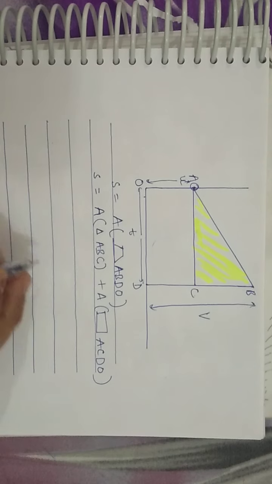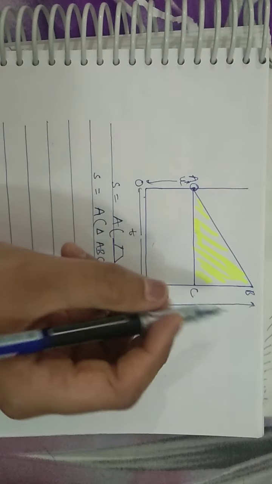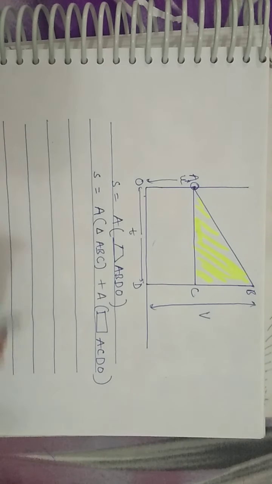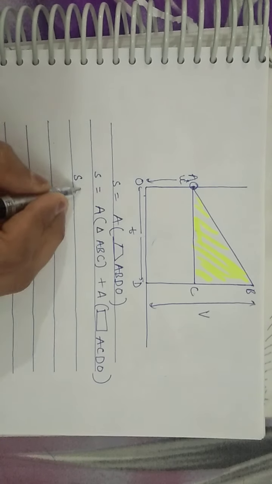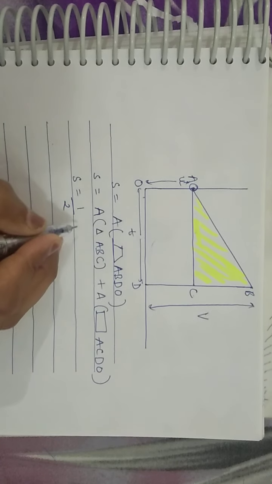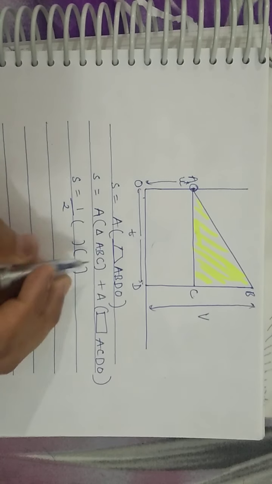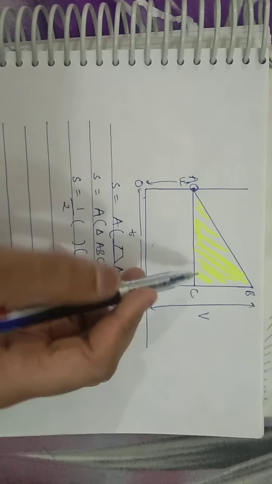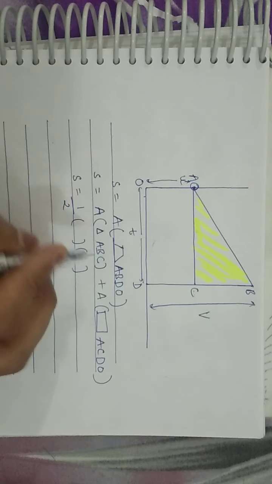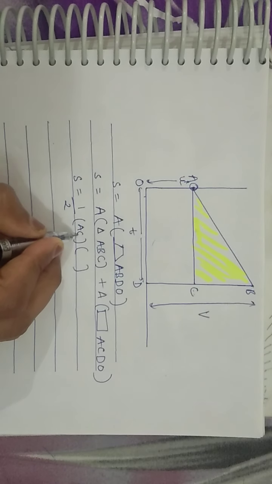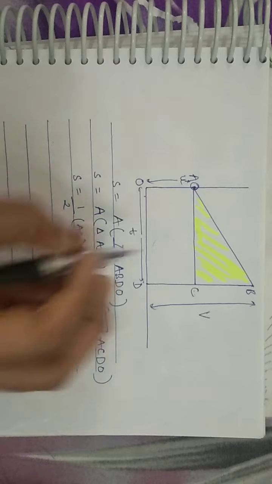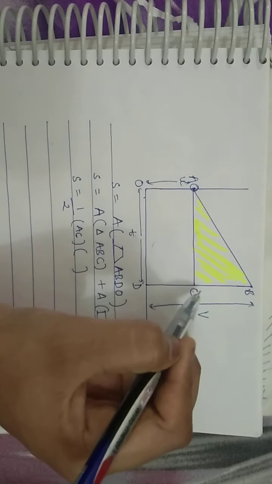Now what is the area of this triangle? That is half into base into height. So S is equal to half. What is the base, students, in this triangle? Base is AC, so simply I am writing AC. And what is the height? It's BC.